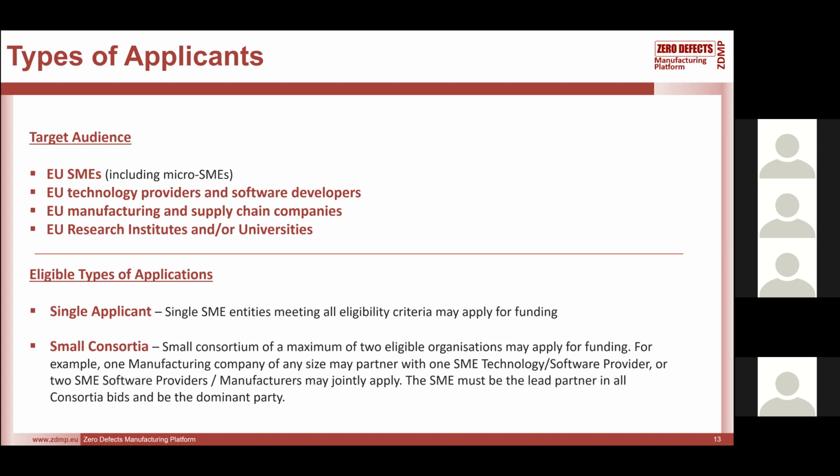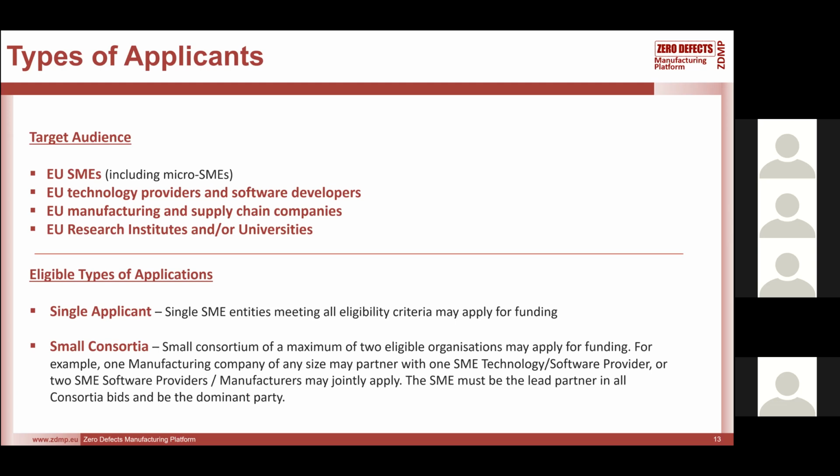And there are two types of applications that we will accept. The first is a single applicant. So, as it says, it's pretty clear, a single company meeting all the eligibility criteria, applying for a single project. Or you could form a small consortia. This would consist of a maximum of 2 companies. The lead company needs to be an SME.